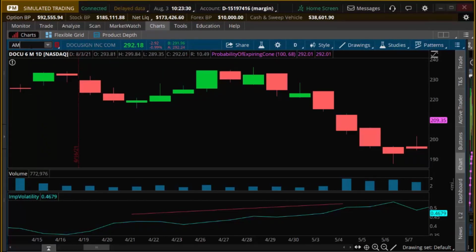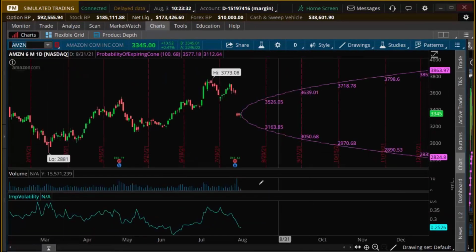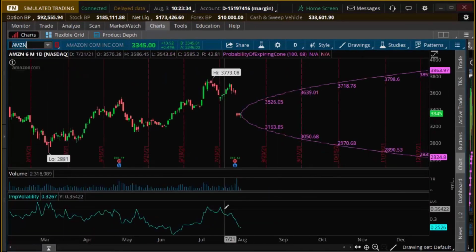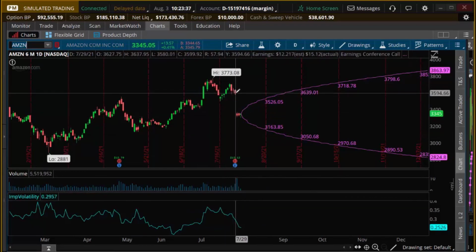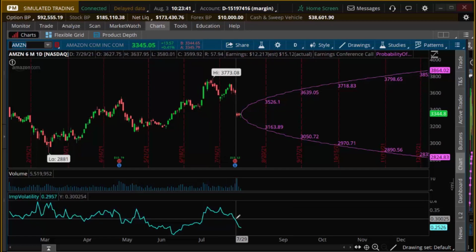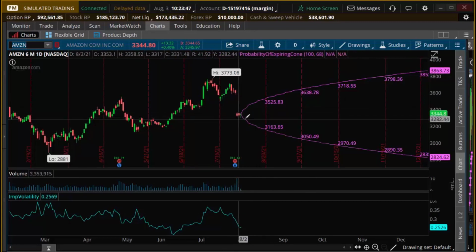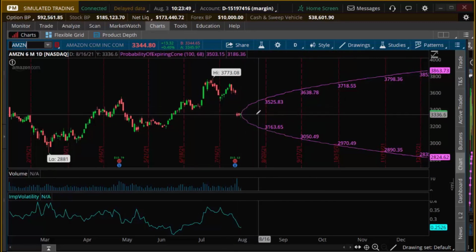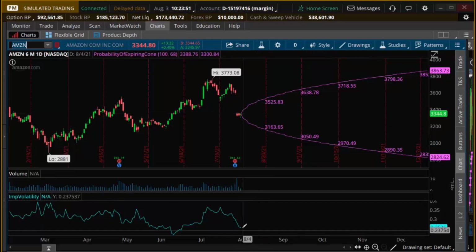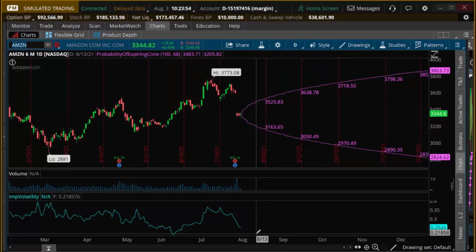If we go to Amazon on the chart and look at the implied volatility, even with the stock gapping down hard on earnings, look at what implied volatility is doing. It's still dropping. And so, you might think, well, it's going to consolidate and so on. That would be good for the strategy, and you could make money if it was really precise. But if implied volatility keeps going down, it's really not the ideal structure.